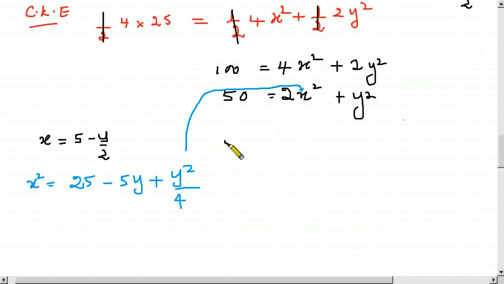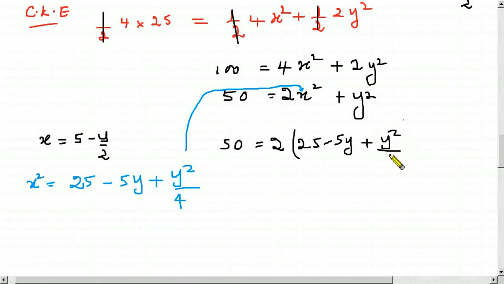So 50 equals 2 times this, 25 minus 5y plus y squared by 4. Then when you write this, you normally forget the y squared that we already have written, so don't forget that, plus y squared again. Normally you might miss it.